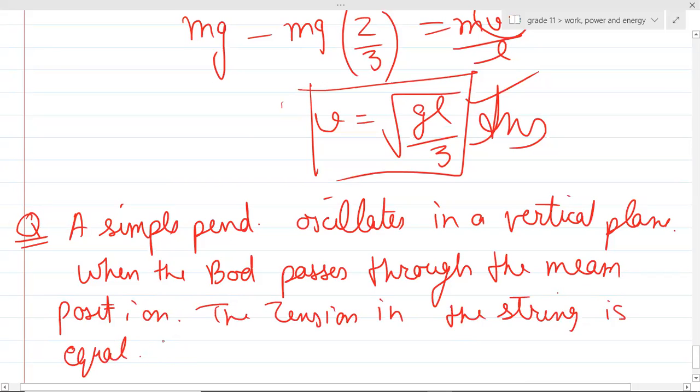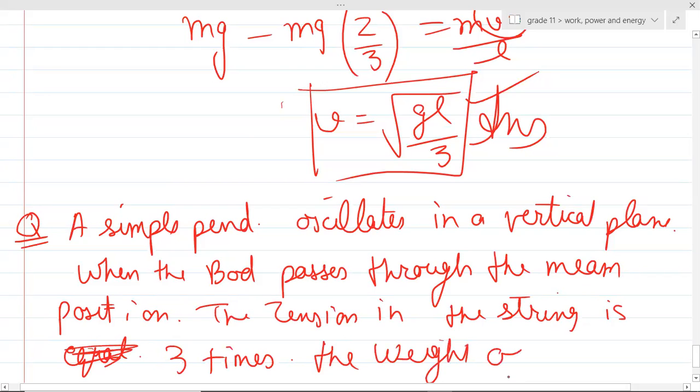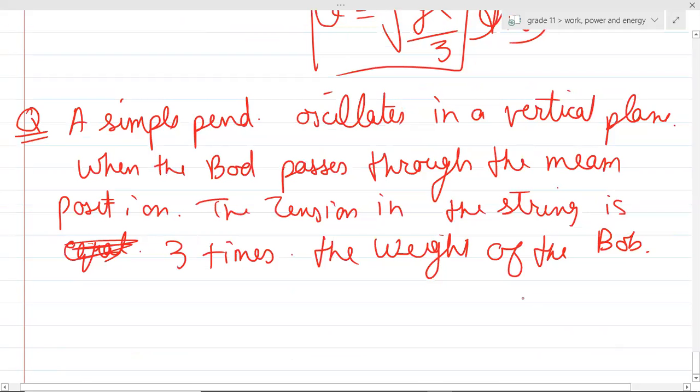You can do it now only. The tension in the string is 3 times the weight of the bob. So basically, when the string is at its lowermost position, the tension in the string is 3 times the weight of the bob.